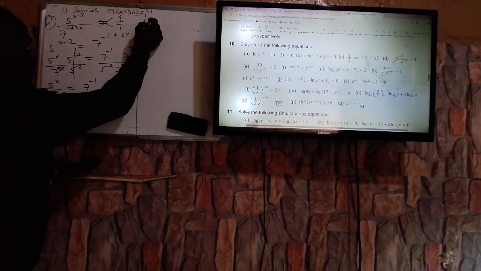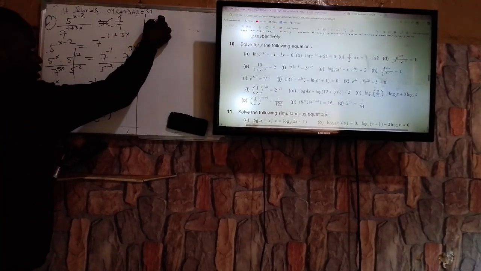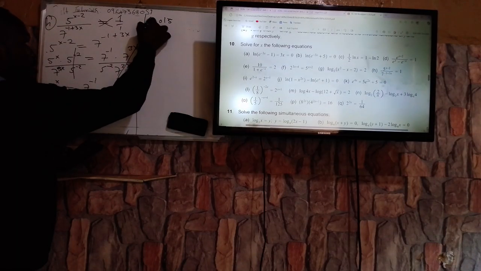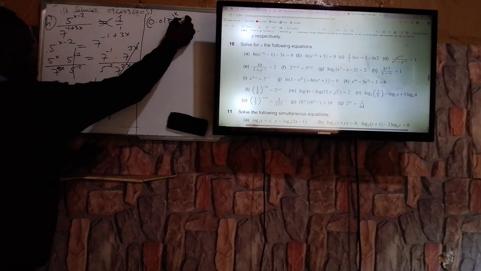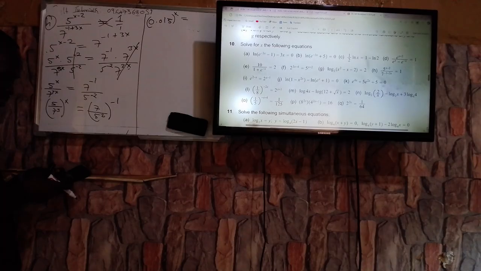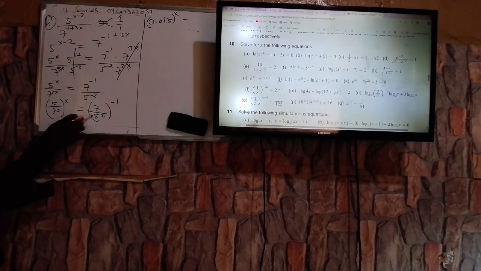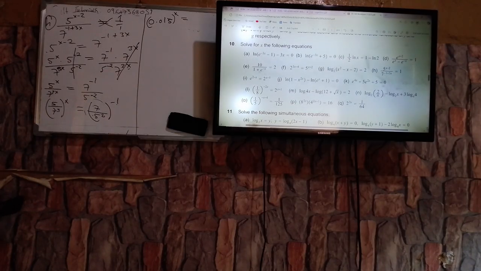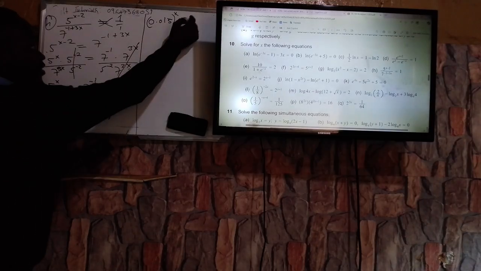Confirm, I don't trust my calculator. 0.015, this is power x to be equal to 7 divided by 25. So now the answer raised to power negative 1 is just the same as 1 divided by the answer. So this will be equal to 1 divided by the answer, and I'm going to have 3.57.